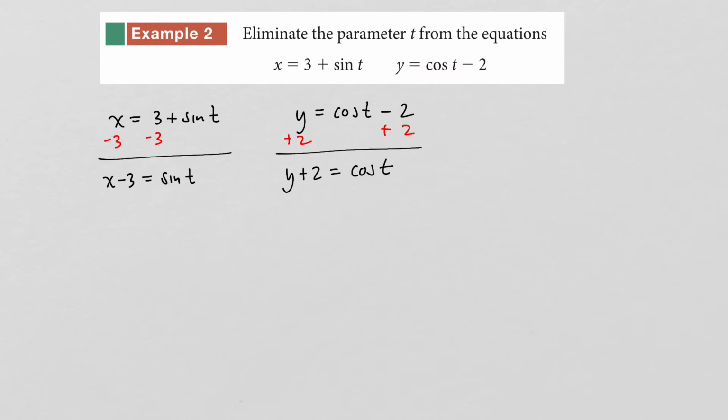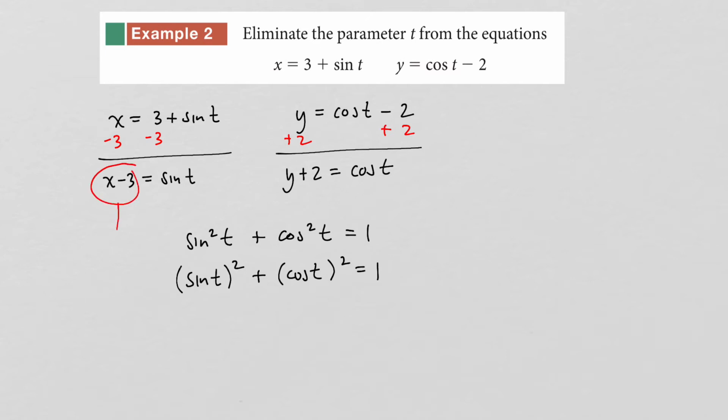And now let's remember that sine squared of t plus cosine squared of t is equal to 1. And again, that is sine of t quantity squared plus cosine of t quantity squared equals 1. But then we see that sine of t is x minus 3, and cosine of t is y plus 2.